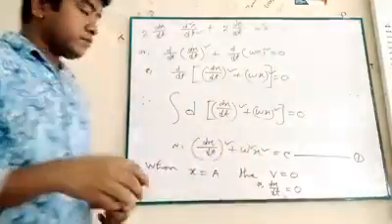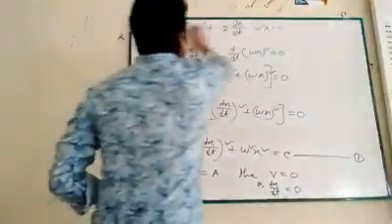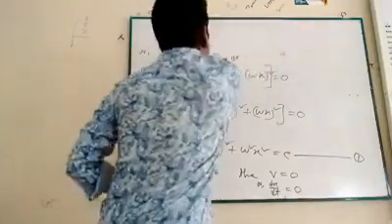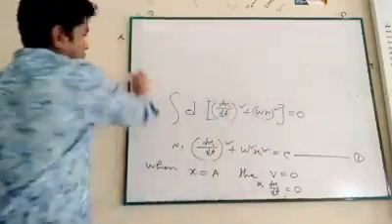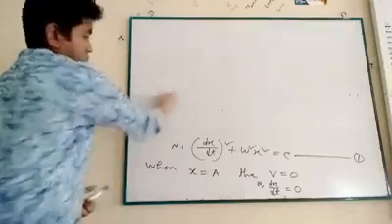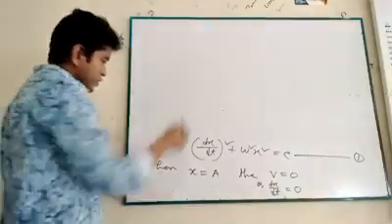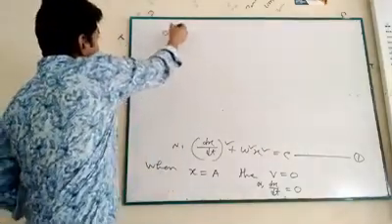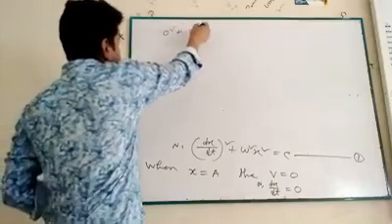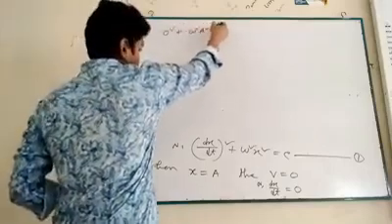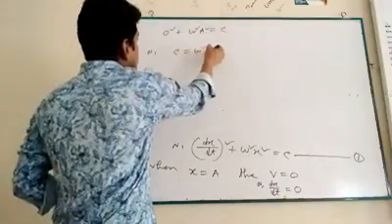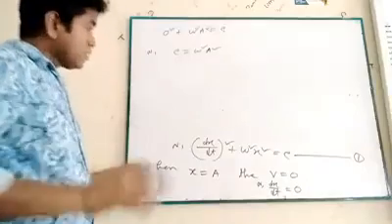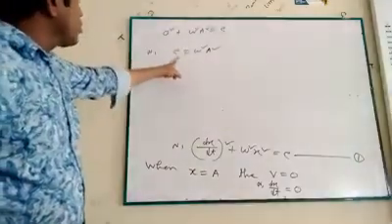I have to put in equation 1, and then I will get the value of c. 0² plus ω²a² equal to c, or c equal to ω²a².